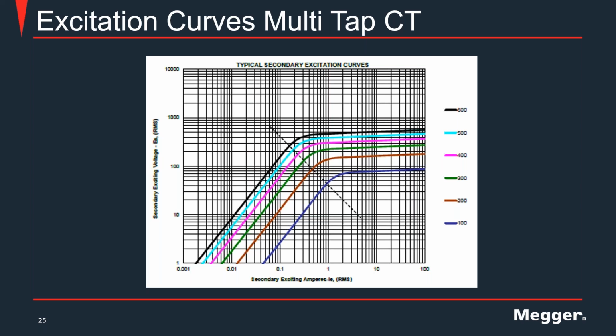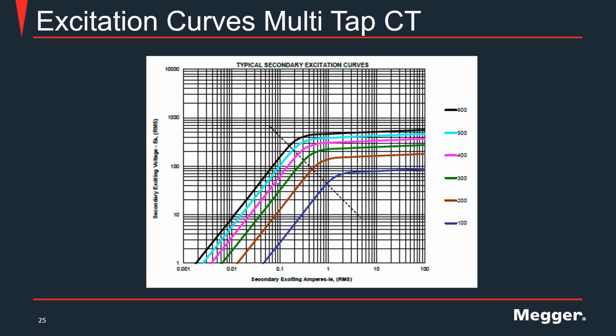Remember how the excitation current is going to be directly proportional to the burden? Well, in this curve we have the secondary exciting amperes, which is the excitation current. So for a given excitation current, we can come to this graph and see how much voltage I can allow in order to stay in the linear part of the characteristic.